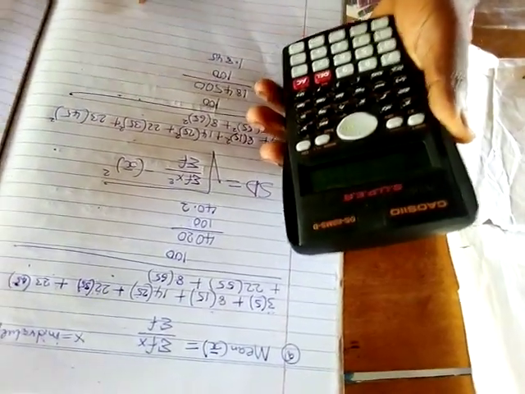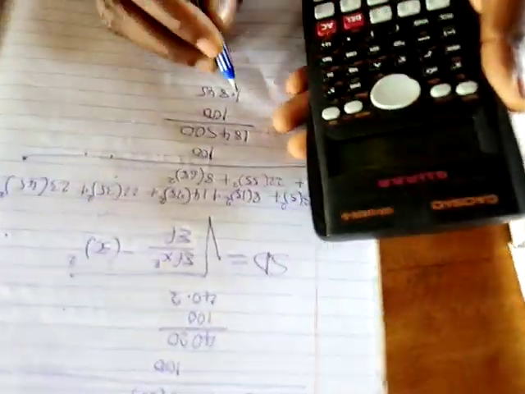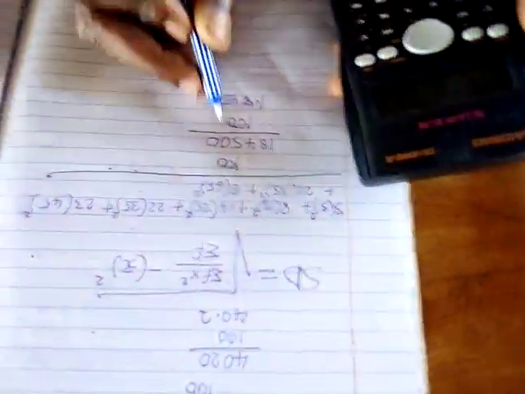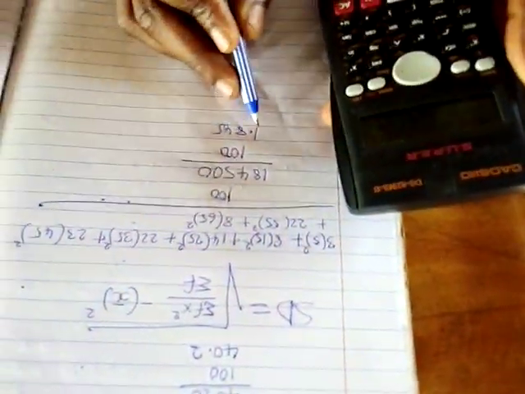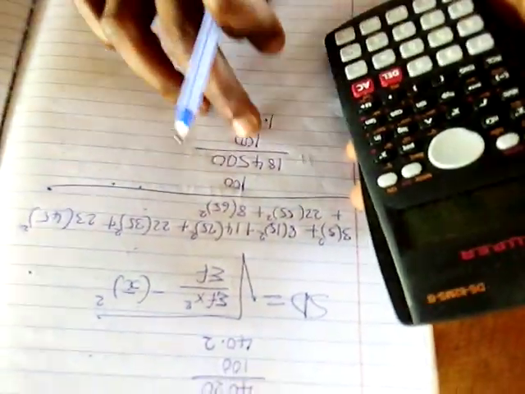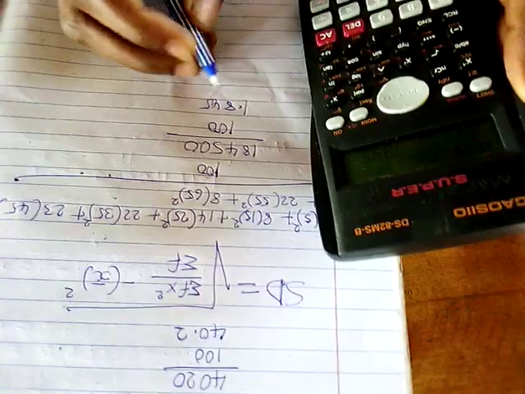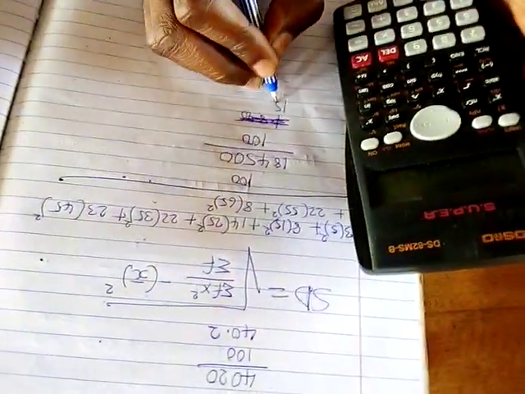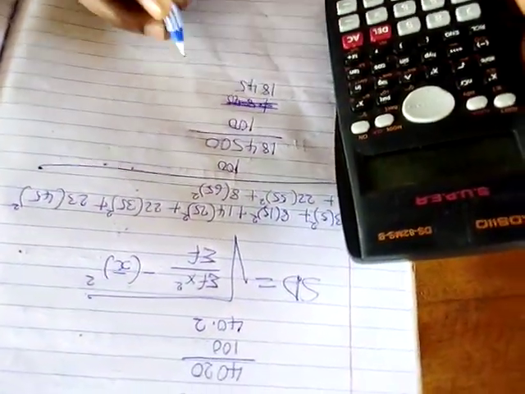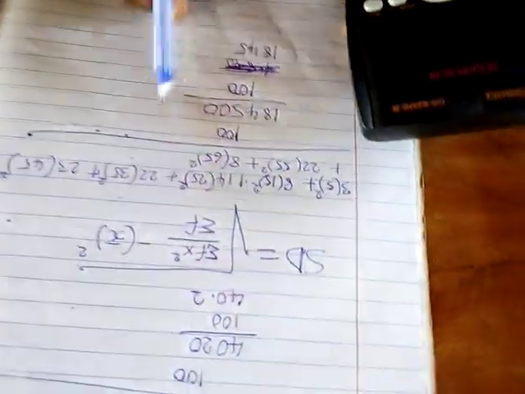So the answer 184,500 is correct. Then we divide by 100 and we get 1845.